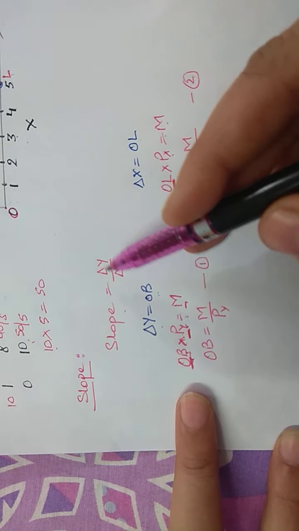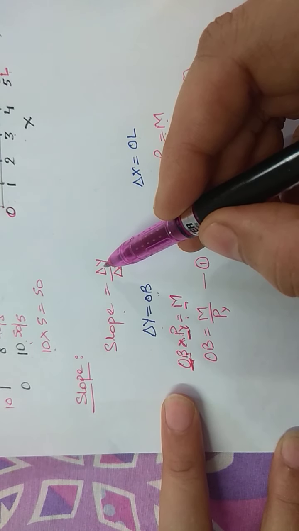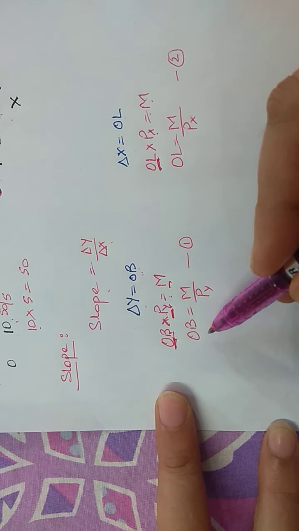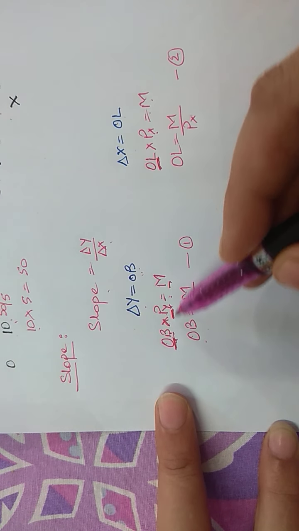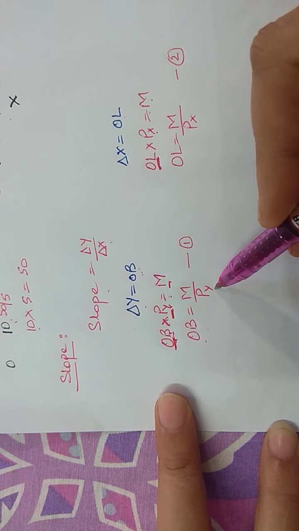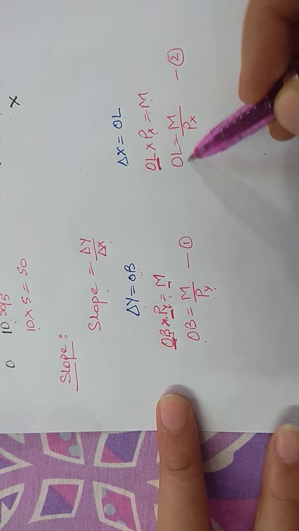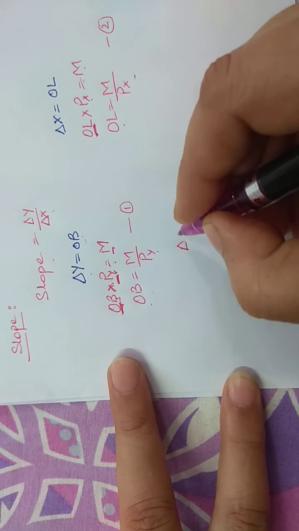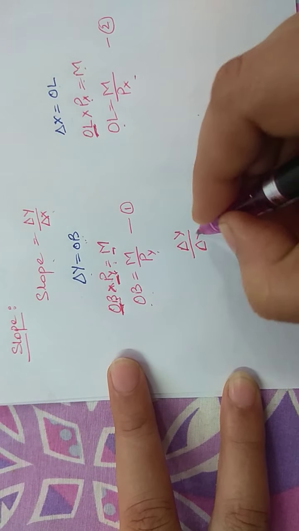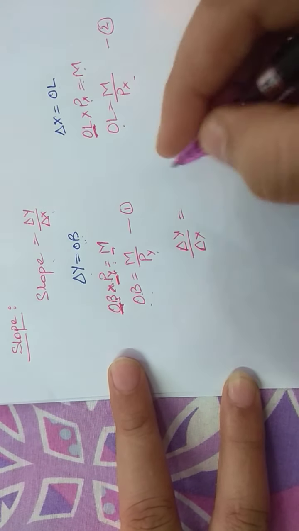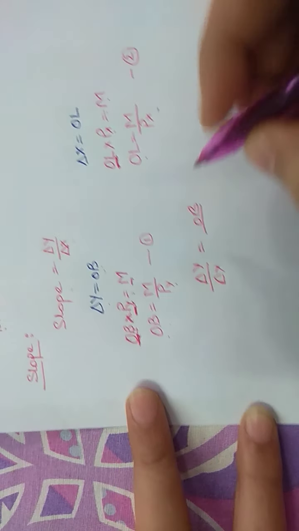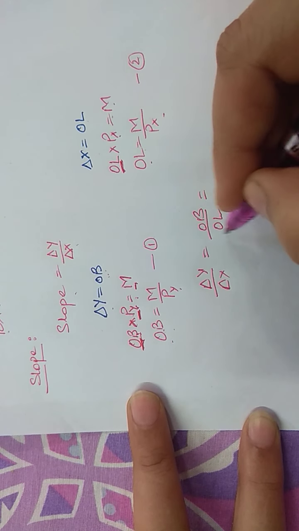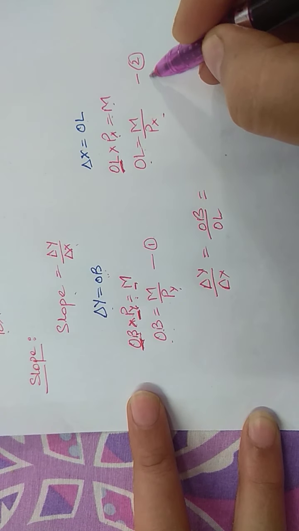Now we know that the slope of the budget line is delta y upon delta x. Delta y stands for OB. Now from this equation here, when you solve this, OB is equal to m upon py, and delta x, that is OL, is equal to m upon px. Now slope is delta y upon delta x, that is OB upon OL. We can substitute the values of OB and OL from these two equations.